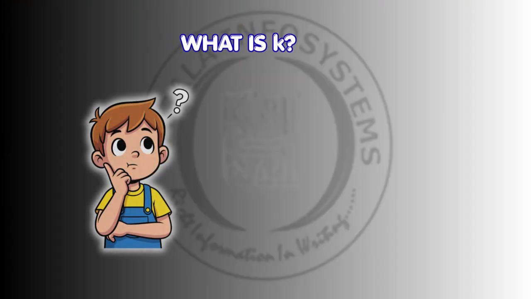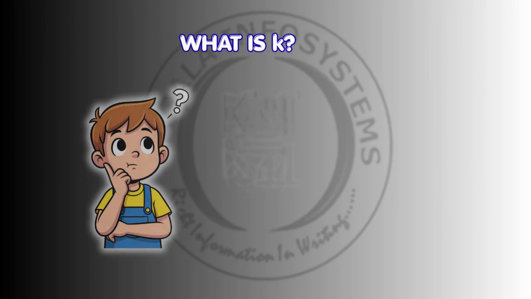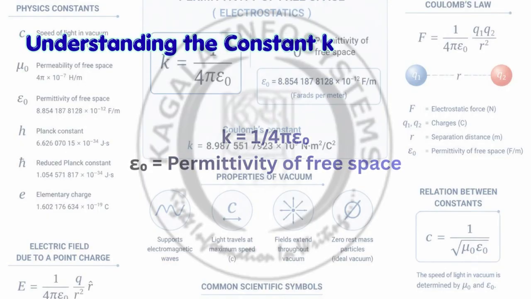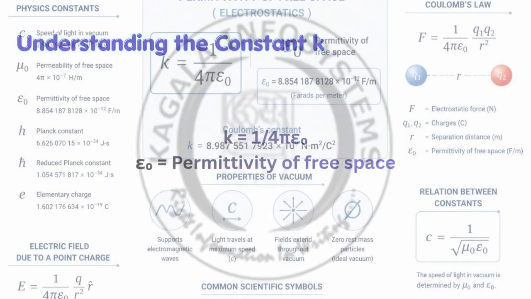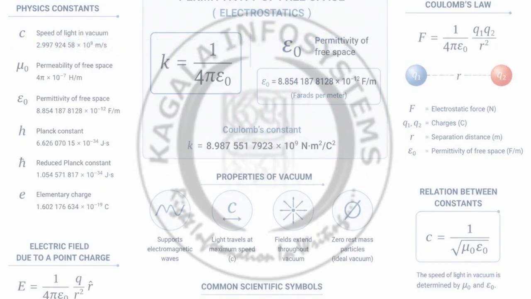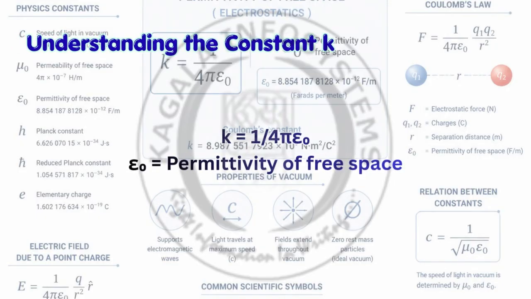The constant K depends on the medium surrounding the charges. In vacuum, K is written as 1 upon 4 pi epsilon naught. Epsilon naught is called the permittivity of free space. It describes how the medium permits electric interactions.